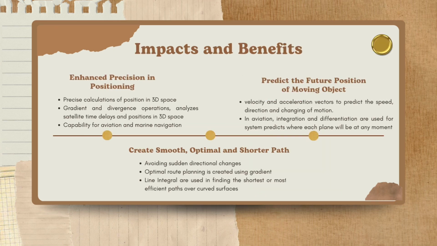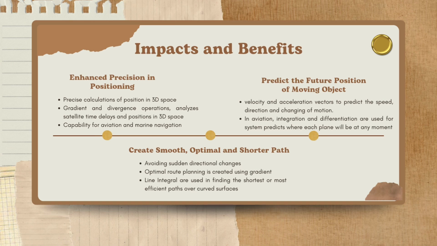Next, I will explain the impact and benefits. GPS systems benefit from precise calculations of positions in 3D space by using signals from at least 3 satellites. Through vector calculus, operations like gradients and divergence analyze satellite data to determine latitude, longitude, and altitude while correcting errors caused by atmospheric interference. Another benefit is creating smooth, optimal, and shorter paths.